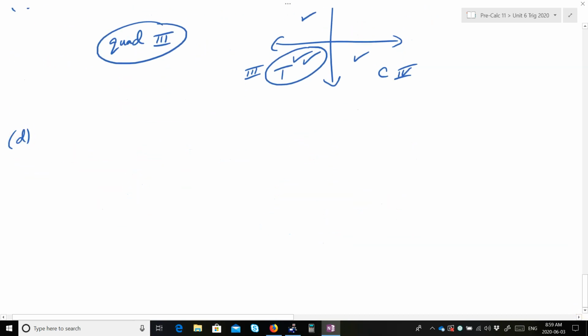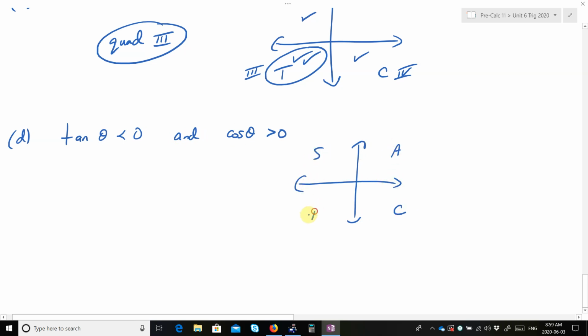Okay, and finally, letter D. We want tan of theta to be less than 0 and cos of theta to be greater than 0. Cast. So where is cos positive? Here and here. And where is tan negative? Well, we know that tan is positive in 1 and 3, so tan would be negative here and here.